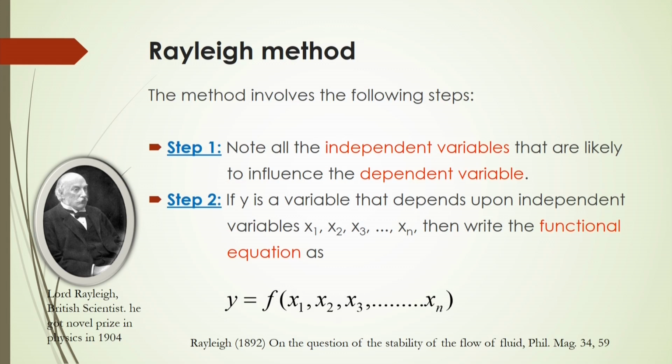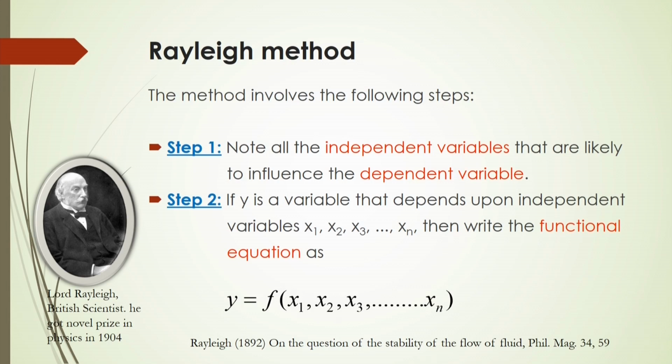Suppose you are using sodium chloride or sodium hydroxide, potassium hydroxide or some other liquid medium, then the physical properties like surface tension, density, viscosity, all those should be considered. So, the mass transfer coefficient is a function of column diameter, viscosity of the liquid, density of the liquid, density of the gas, even flow velocity.